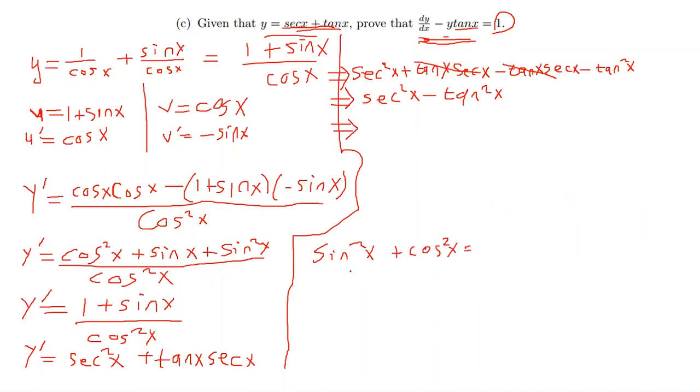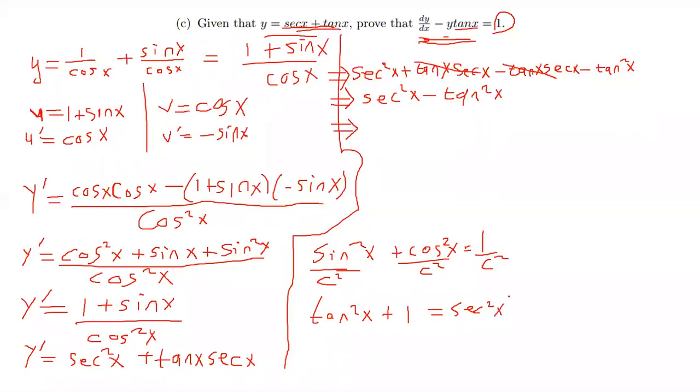When you divide everything by cos squared, you discover that this one here will give you tan squared x, plus this one here will give you a 1, and this side here you get sec squared x.